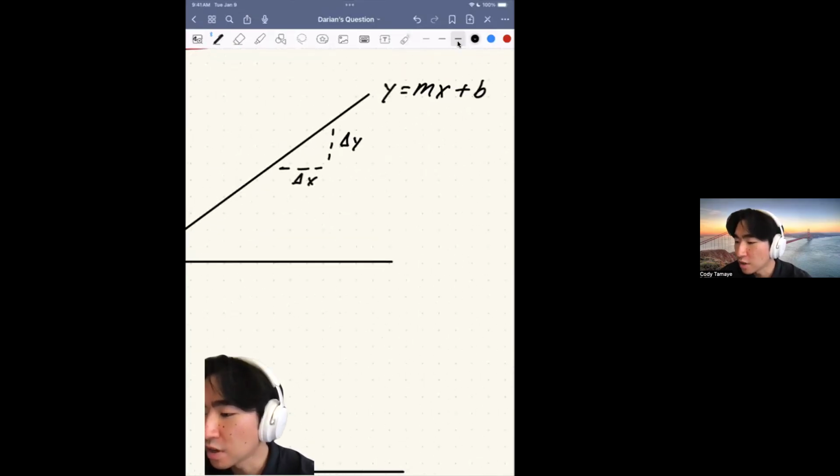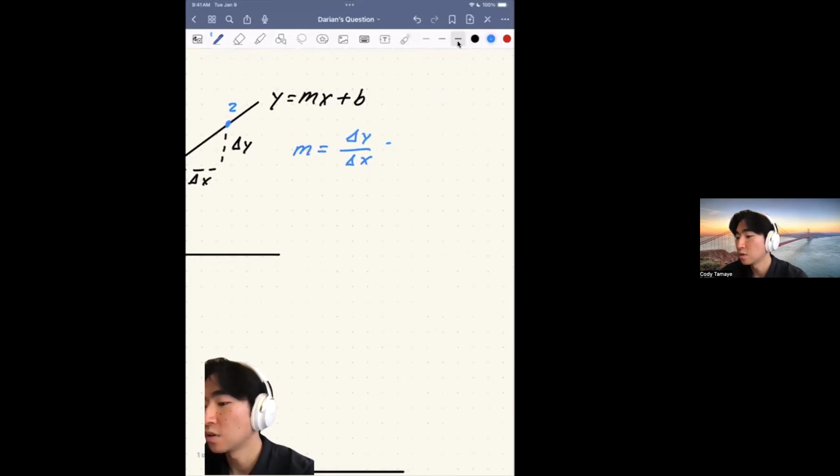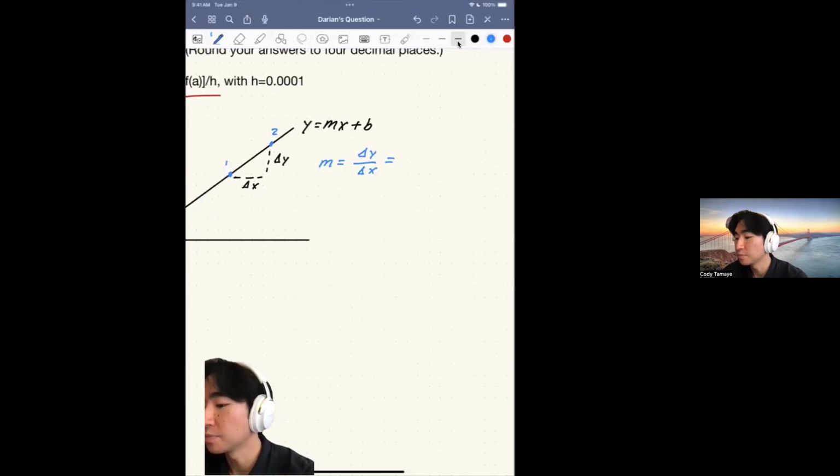In other words, if we have point 2 and point 1, we would calculate m by looking at the change in y over the change in x, which would be equal to y2 minus y1 over x2 minus x1.